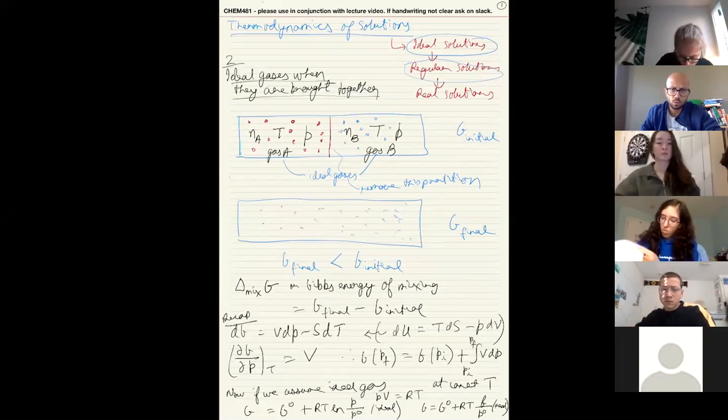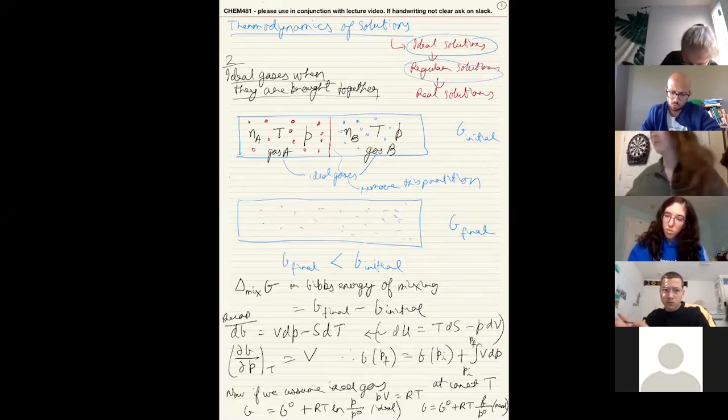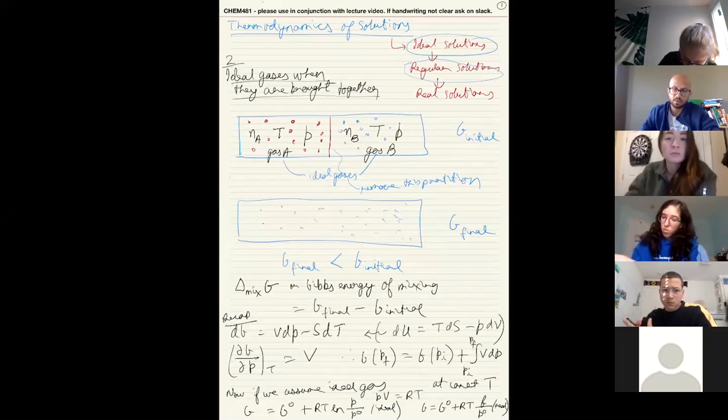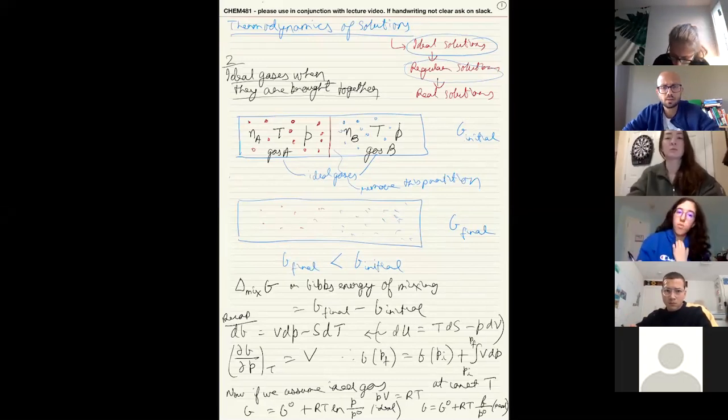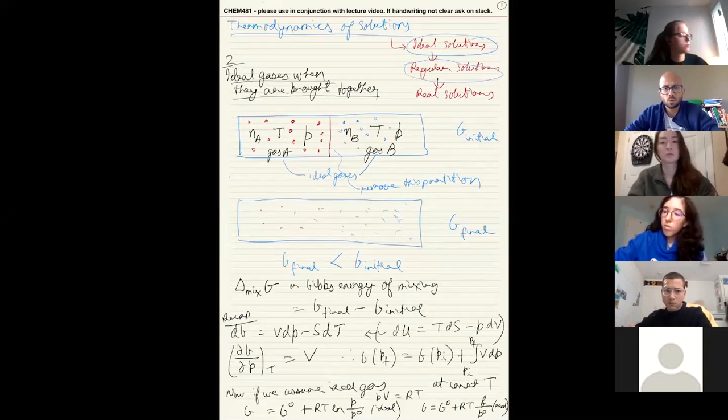And the question is, when you open this partition, you know through common sense that A and B would mix together. It won't look like red on the left and blue on the right. It will mix together. And we wanted to understand what is it that makes this mixing process spontaneous. And we are doing this at constant pressure and temperature.